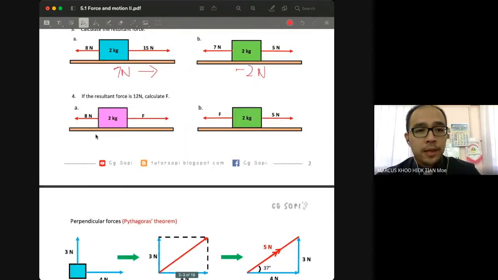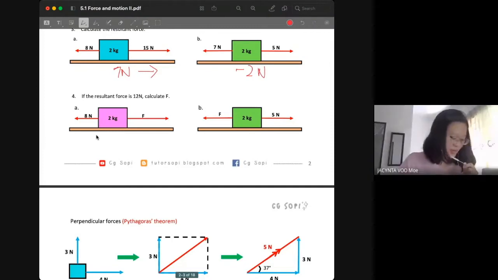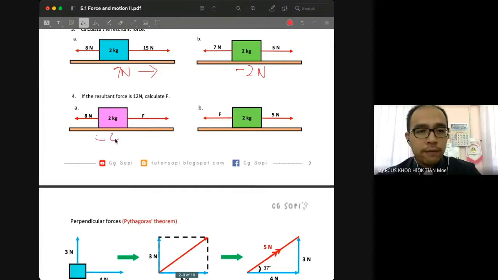Jacinta, 4A. Negative 4 Newton. Negative 4 newton. It's not correct. Oh, the resultant force is 12. Okay, and we assume that 12 means positive lah.